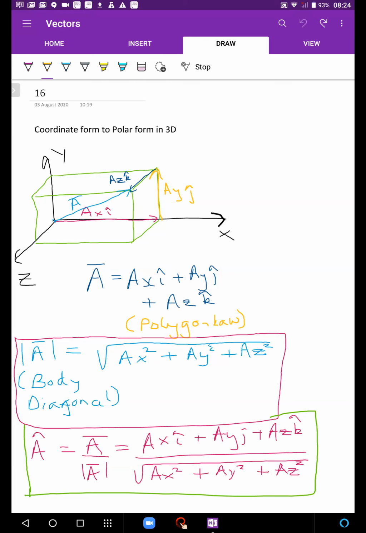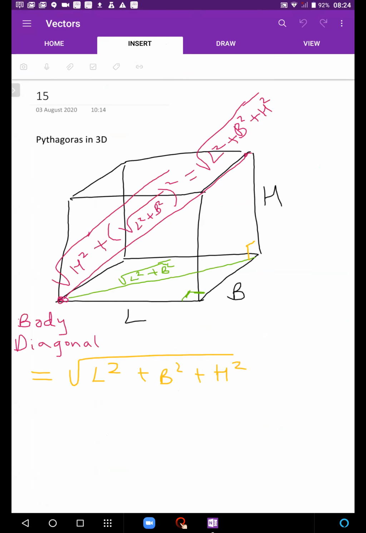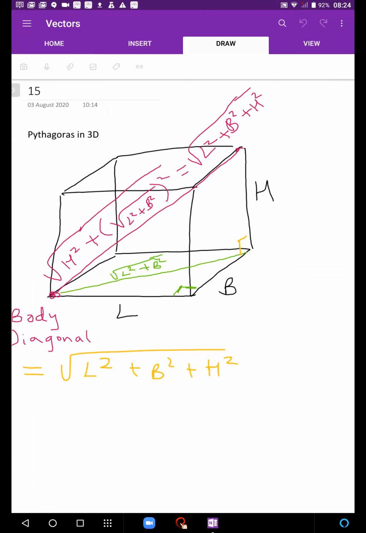Can I go to the previous slide and mark the body diagonal? This was a body diagonal, from this corner to the other corner. This is another body diagonal.